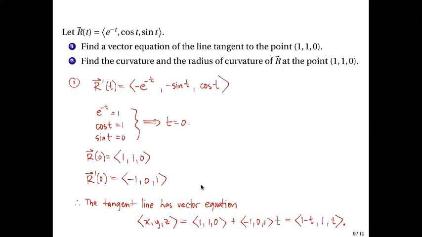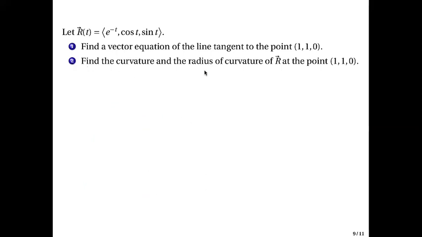Now, let's do the second part here. We want to find the curvature and the radius of curvature of r at the point 1, 1, 0. So we want to solve for kappa. This kappa of t has two formulas.